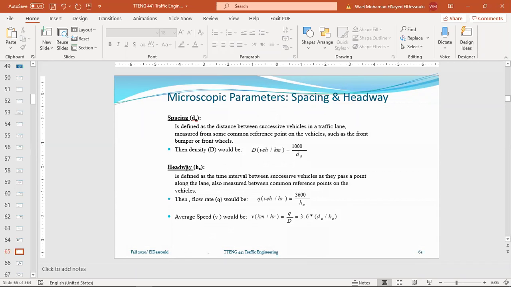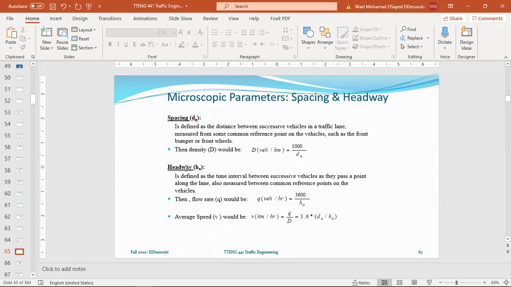Headway. Headway is defined as the time interval between successive vehicles as they pass a point along the lane. So basically, if you are standing on a highway and you are counting each time a vehicle passes you, you are measuring the time between the vehicles. That's the time headway.